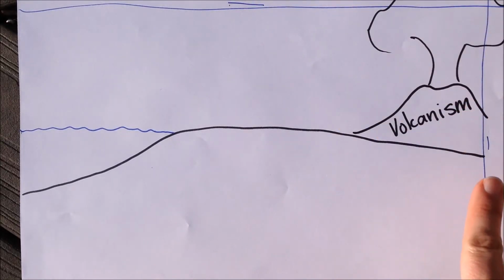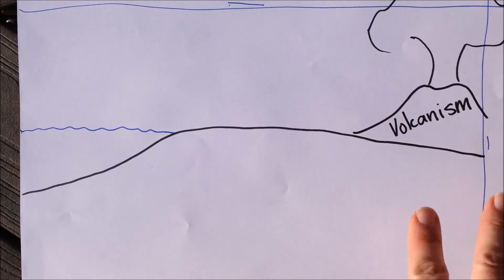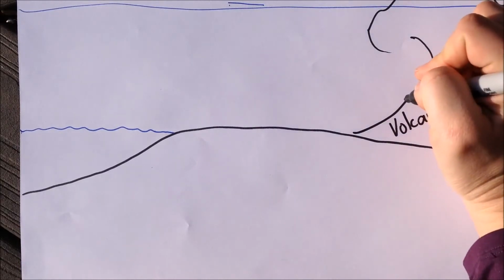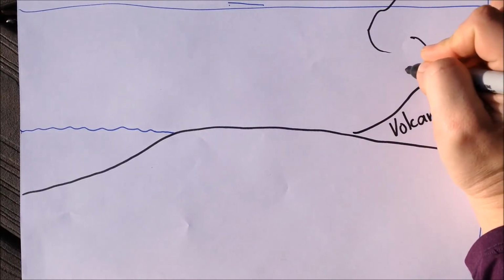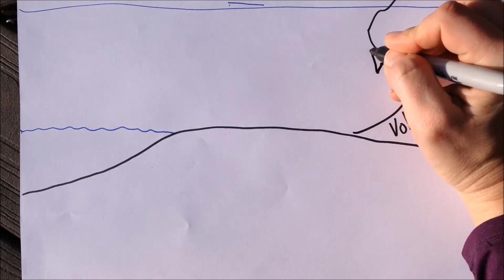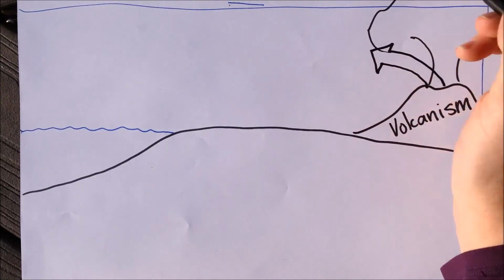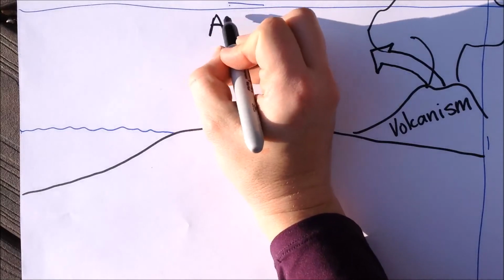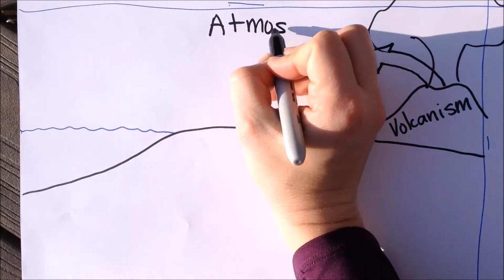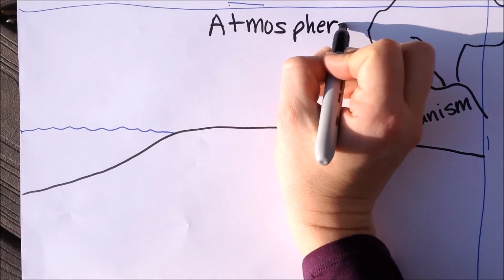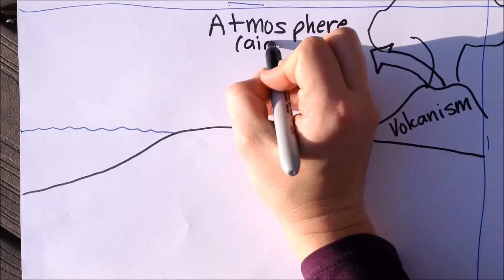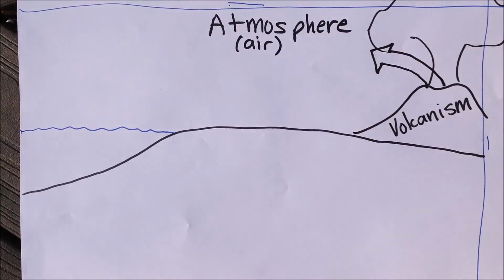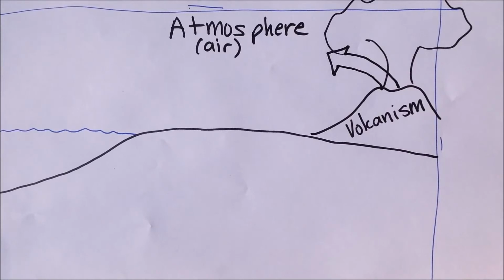Anytime we have arrows on our diagram, they're not pointing to a label or something like that, but they're going to show the movement of the carbon out of our volcano and into the atmosphere. And remember, the atmosphere means the air.